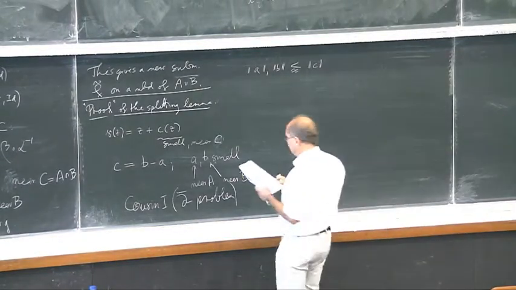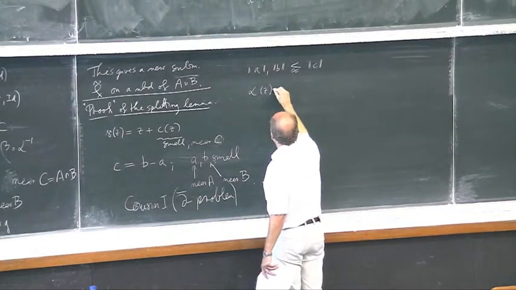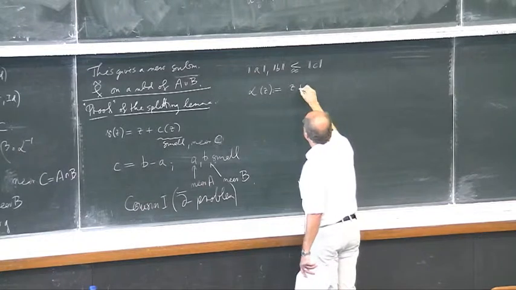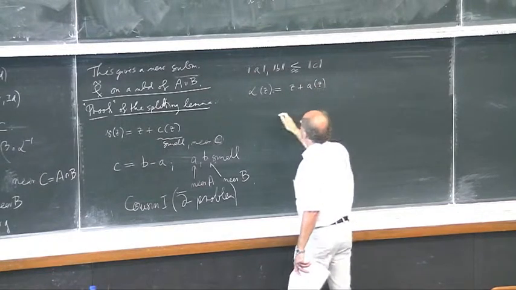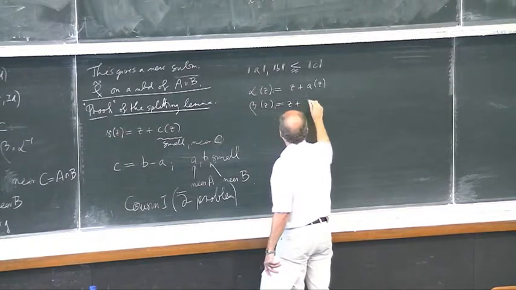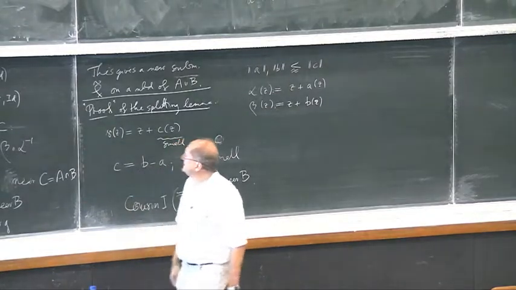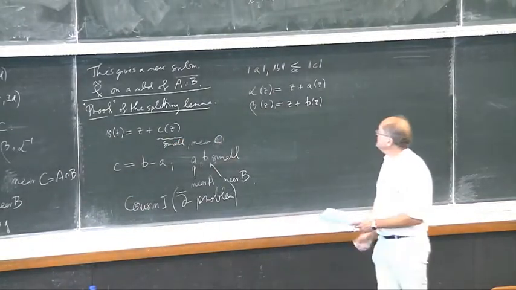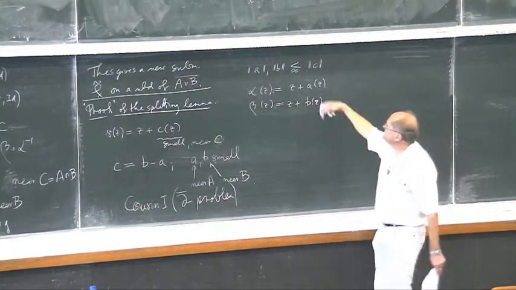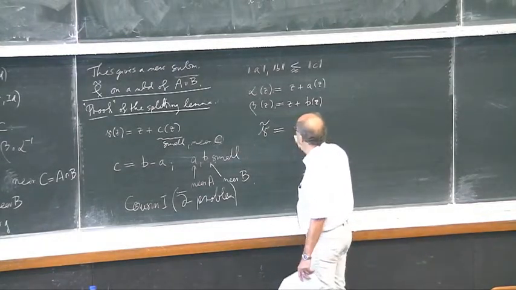And now you simply define new maps. So you define alpha like this and beta like this. But this is not the solution yet, so I should use maybe other letters, but you'll see the idea. So you define these maps, and now you define a new map as follows.